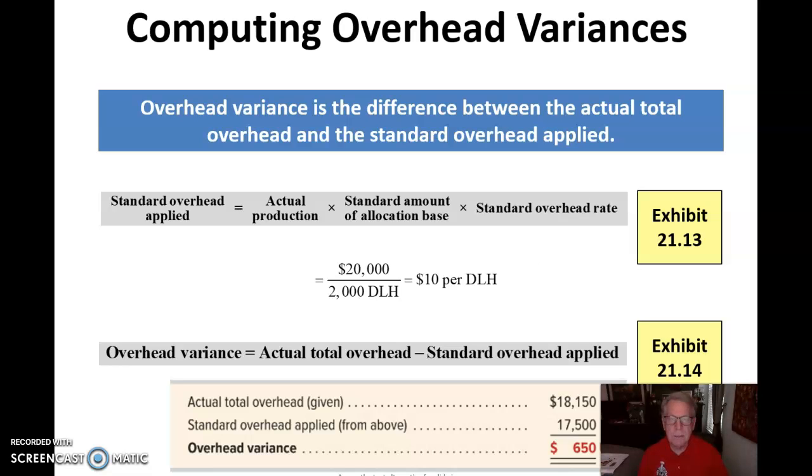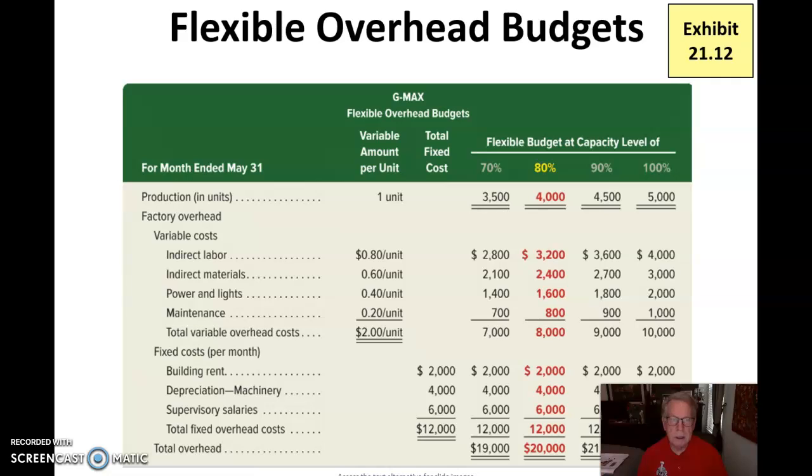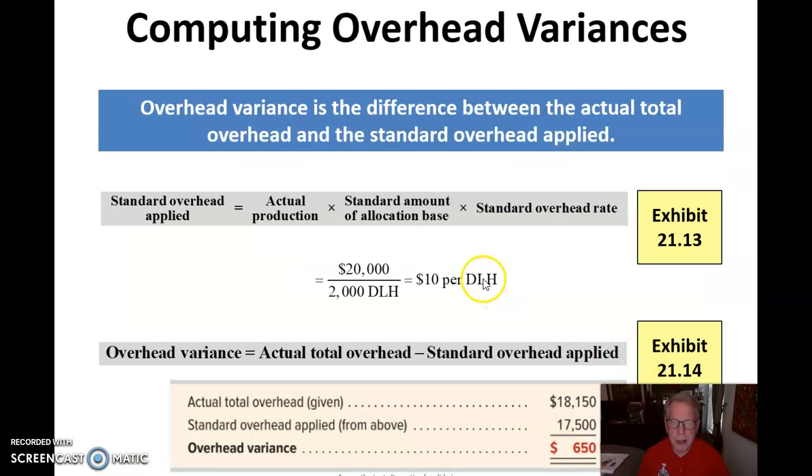I want you to see that we're looking at the 80% level, which results in 20,000 of total overhead. And there it is right here. At that level, we're expecting 2,000 direct labor hours.